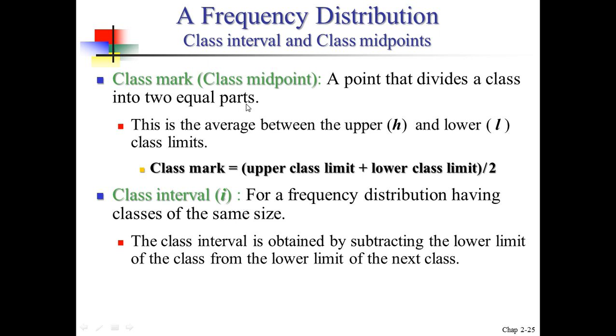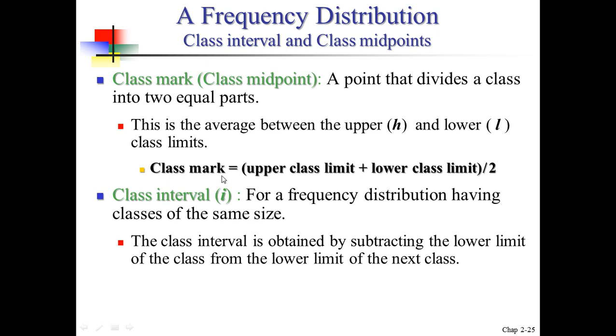So how to find class mark? Based on this one, you need to get H of any class plus L from that class. If you want to take class mark, you can take H from any class. For example, class 1. If you take H1 you must add L1, not L2. Because class midpoint 1 is H1 plus L1 divided by 2.